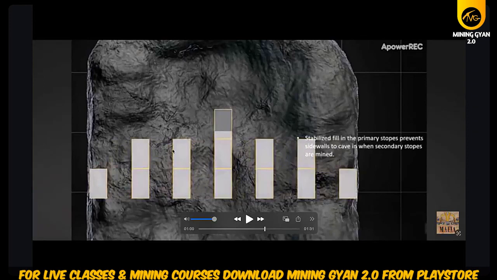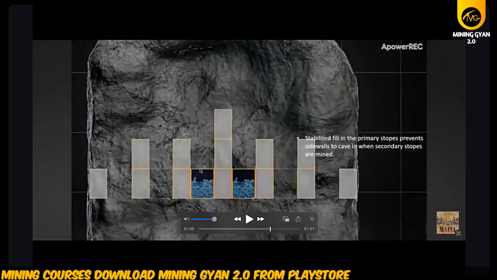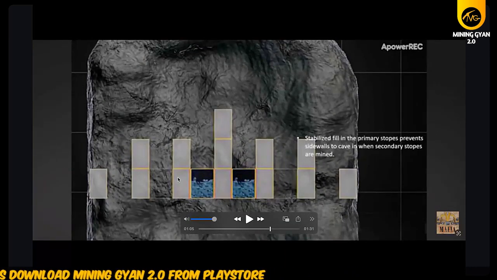So backfilling we will do after the material is removed, where the extracted portion we have filled with the paste filling.